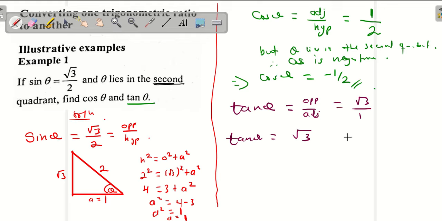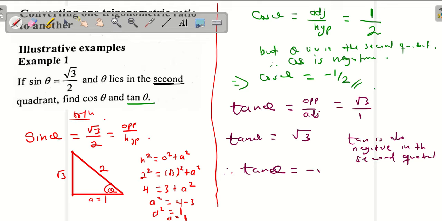No, tan is also negative in the second quadrant. Therefore, tan theta must be equal to negative root 3, and that is the solution to this question.